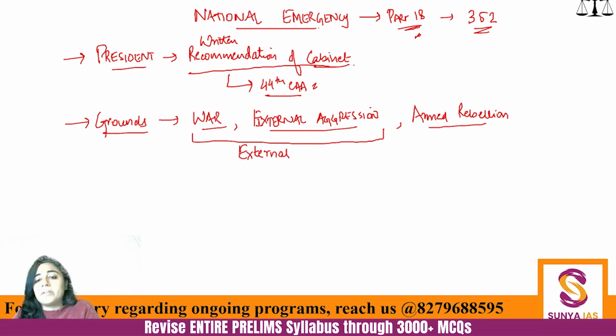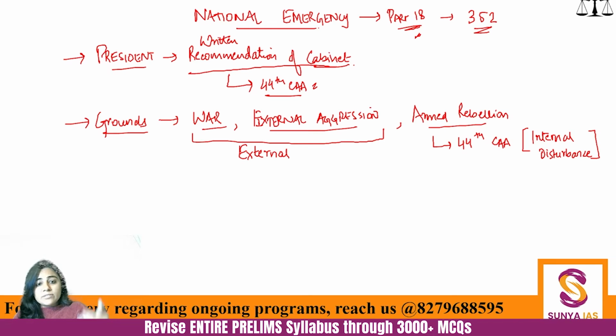Now this armed rebellion word was not always there. It was added by the 44th Constitutional Amendment. Before that, the words were internal disturbance. The problem was that it is very difficult to explain what internal disturbance means.